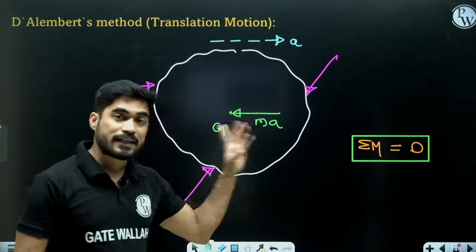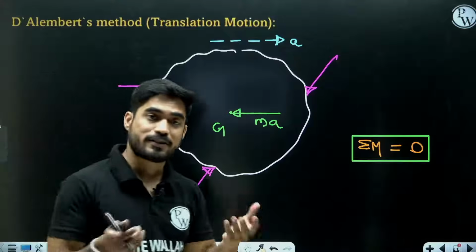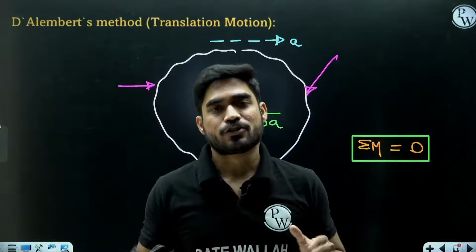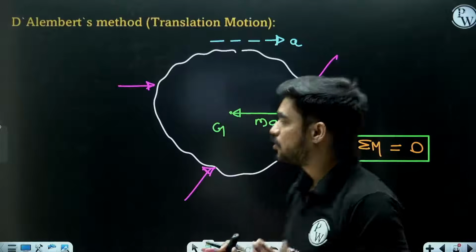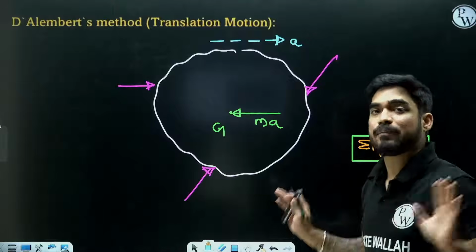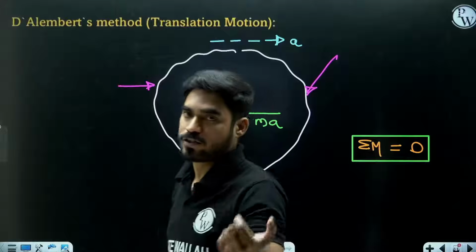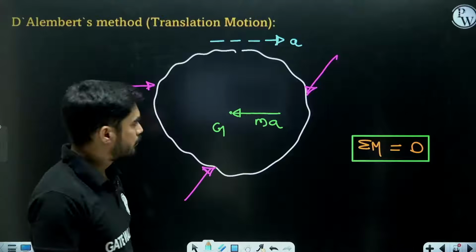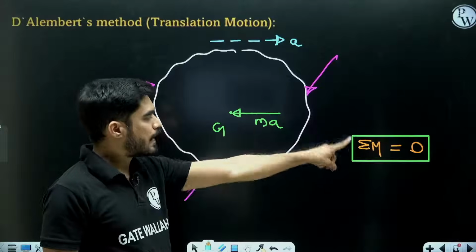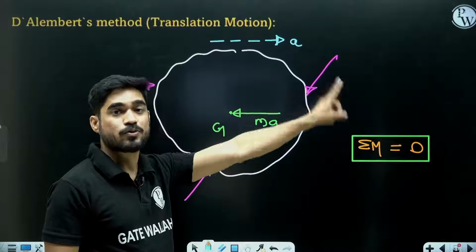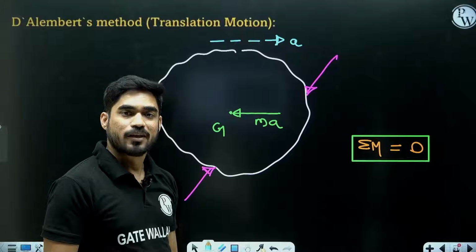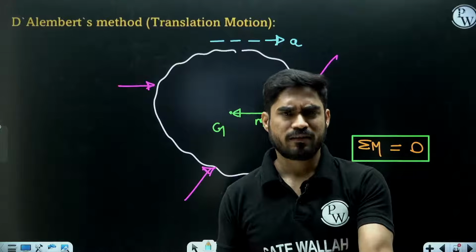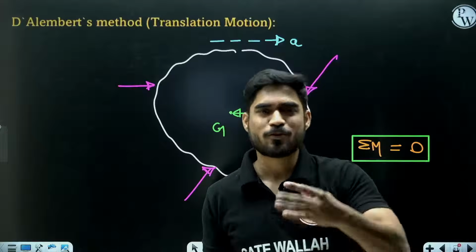When you apply the inertia force, then you assume that the body becomes static. So in that case, you can use any equilibrium equation: summation of Fx equals 0, summation of Fy equals 0, and summation of M equals 0. But without applying this inertia force, you can't use summation of M equals 0. In case of particles, we were not taking moments in any problem because particles don't have size, right?